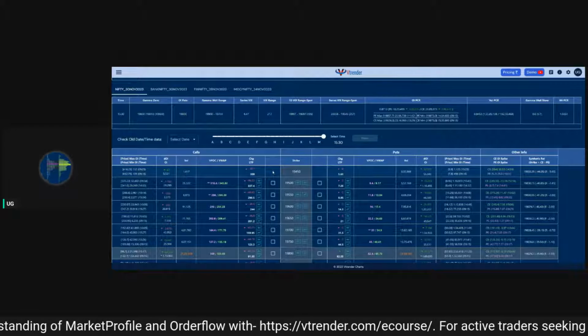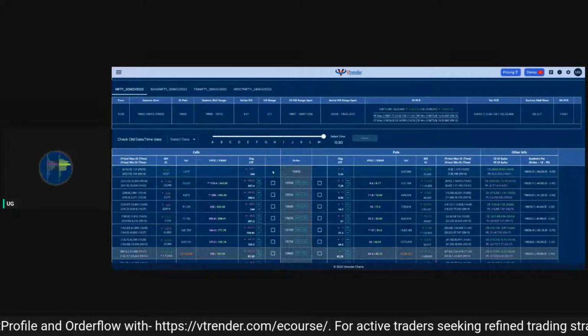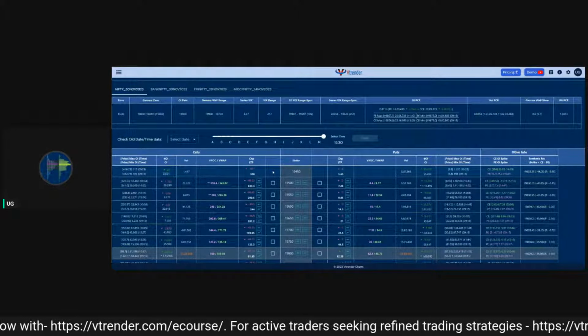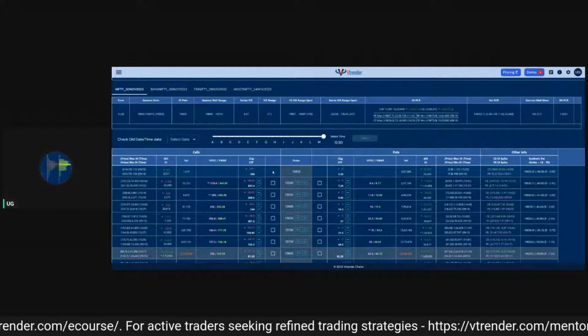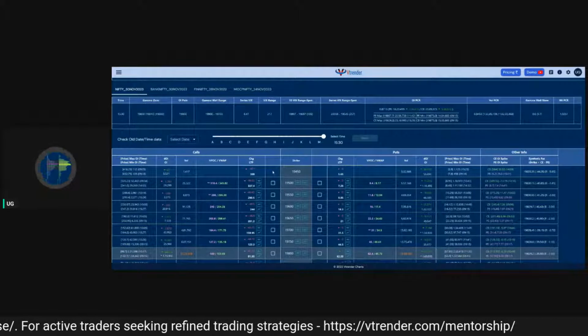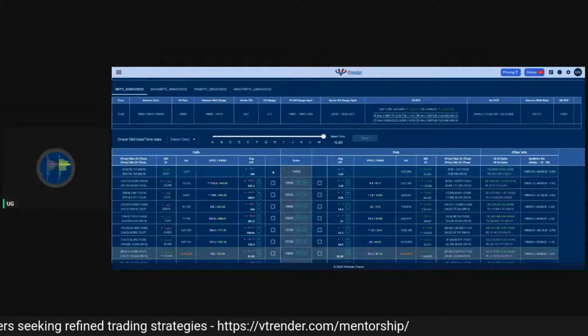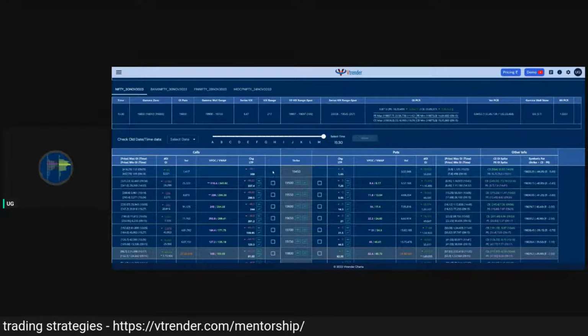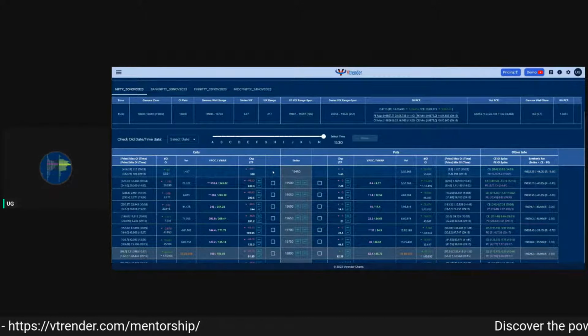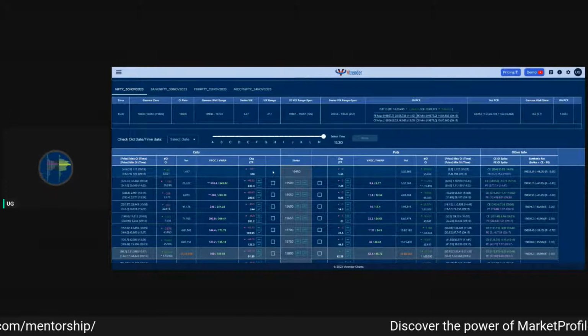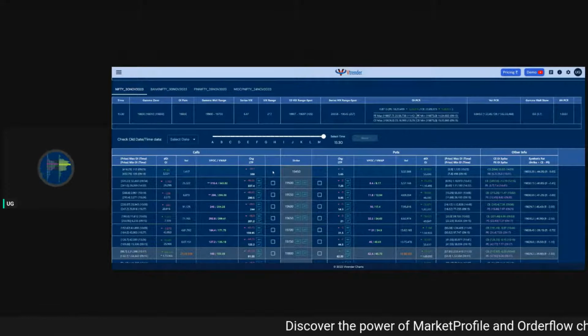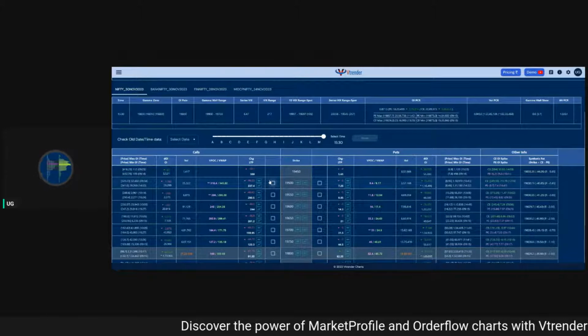After the move from 19885 to 19800, we kind of started forming a balance. Even after the initial balance formed, we were very clear, and even in the room we were discussing that there is a high chance of us having a normal day.